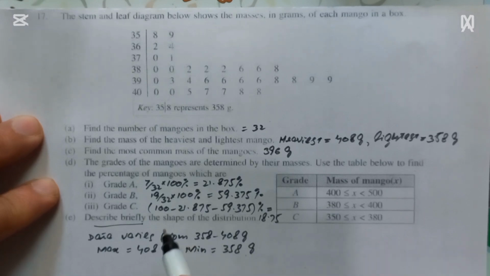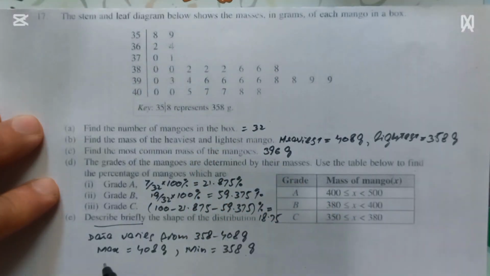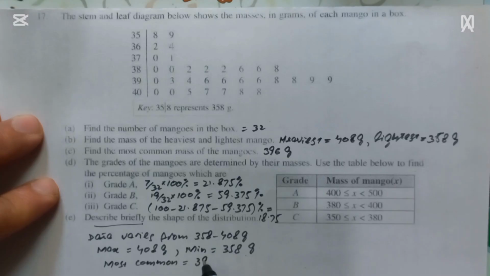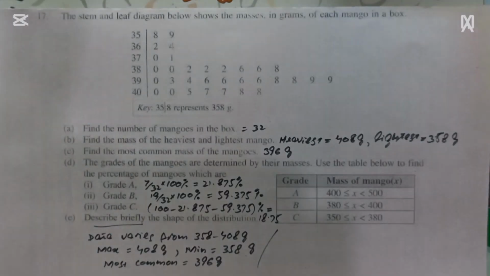Third thing required is the most common number. So most common is 396 grams. And the final thing which is required is cluster around.